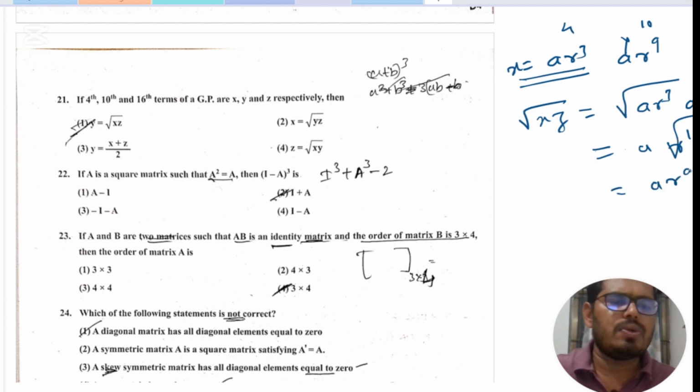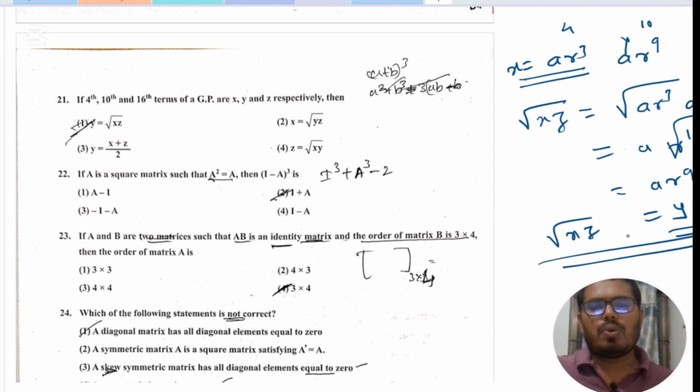Therefore a into r to the 9 is equal to the 10th term y. Therefore root xz is equal to y, therefore option number 1 is correct.